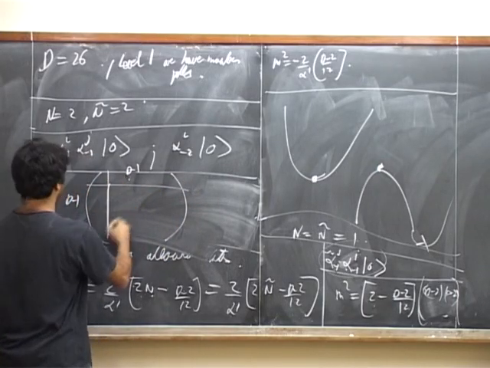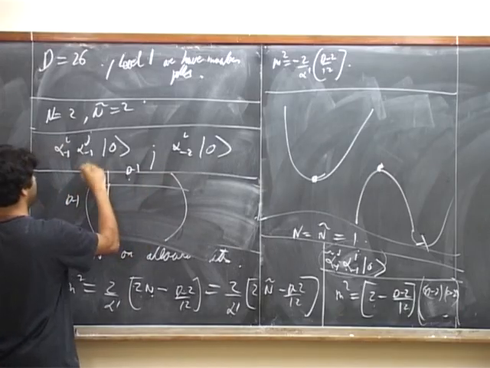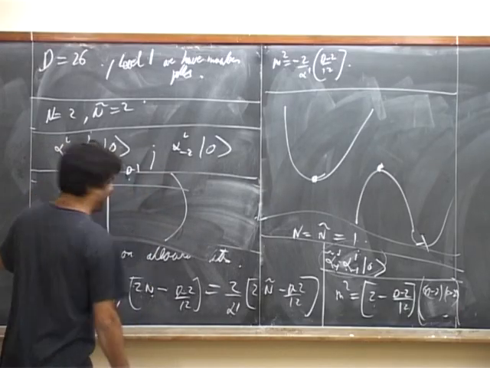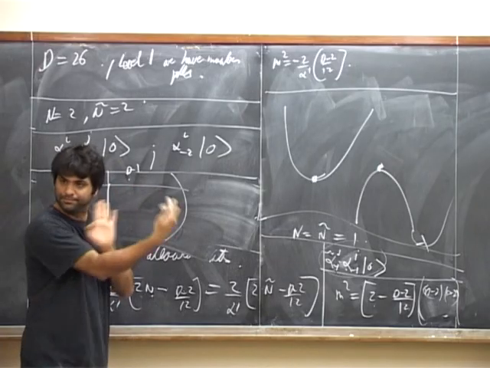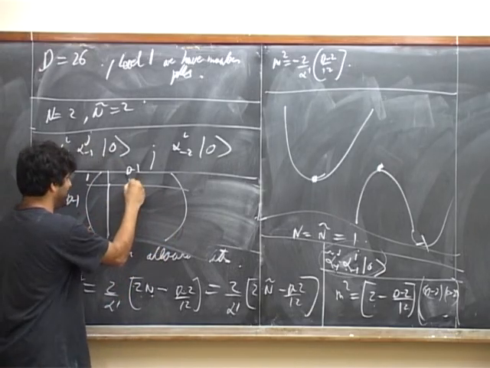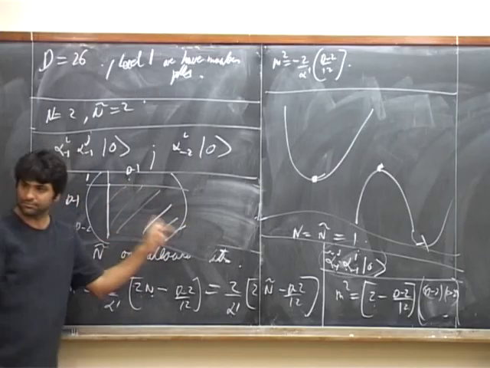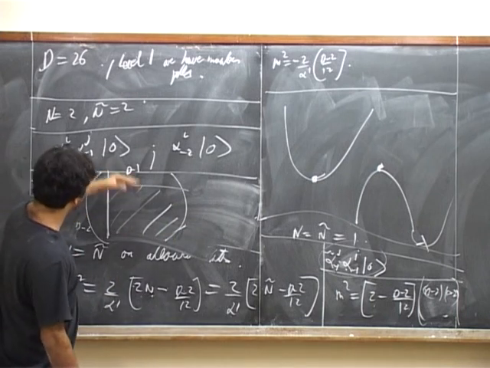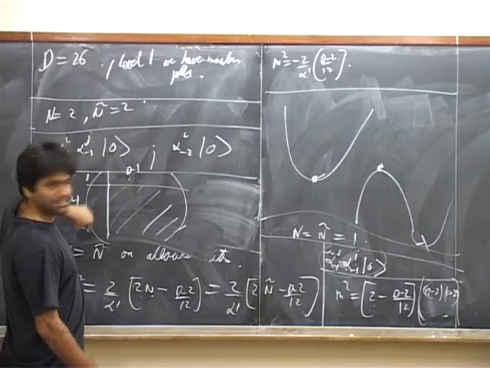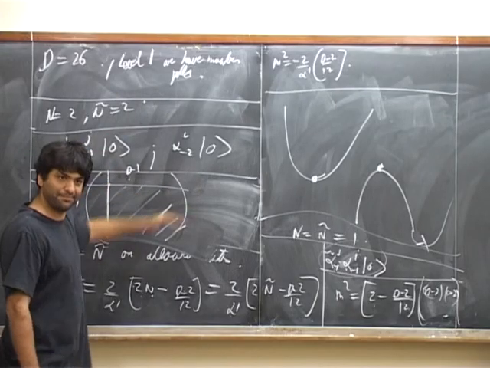So once again we take this matrix and break it up into 1 and d minus 2, and 1 and d minus 2. Okay, so this is a d minus 2 times d minus 2 matrix. Is this clear?